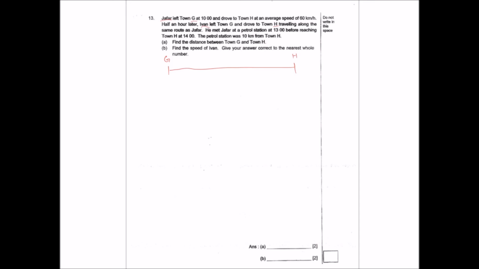Jaffa started at 1000 hours, and then he ended up at the petrol station at 1300 hours. So that means 3 hours has passed. You take 1300 hours minus 1000 hours, that will be equals to 3 hours.